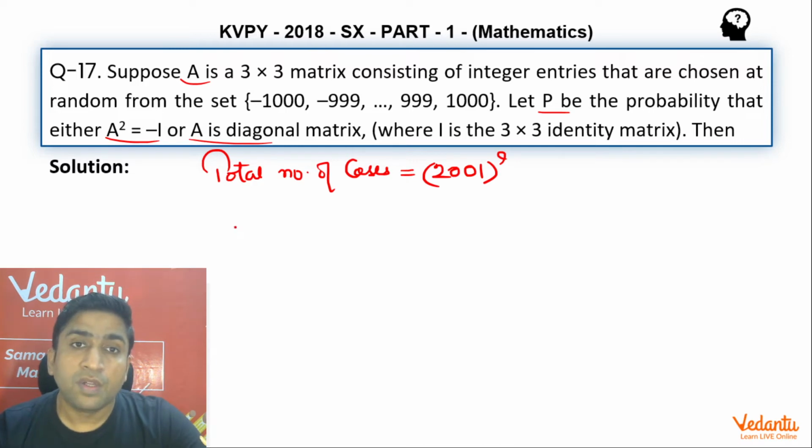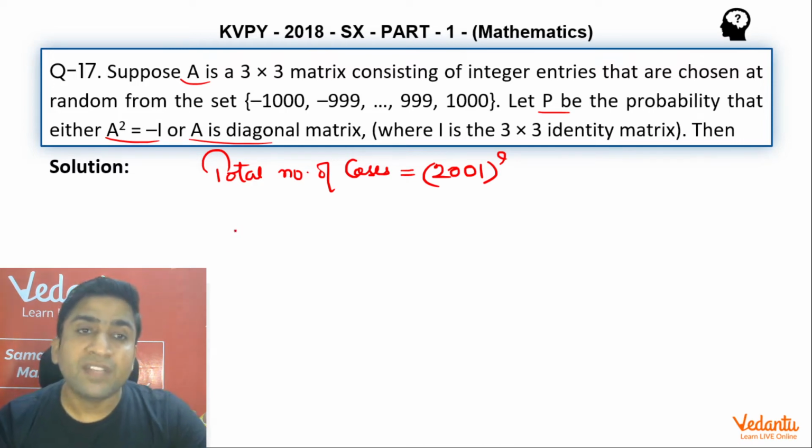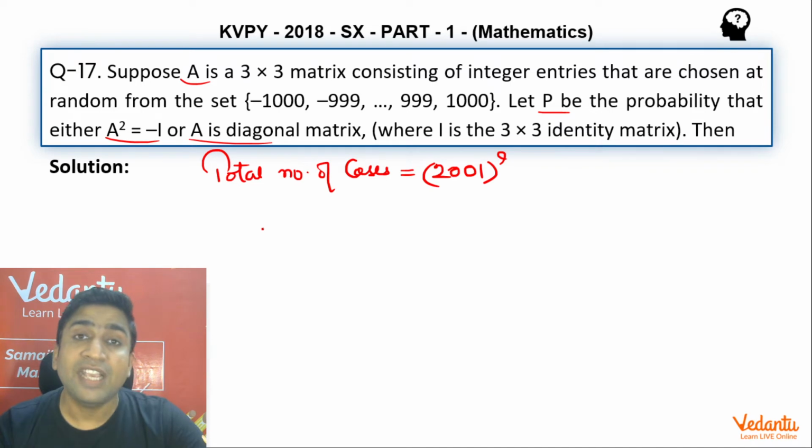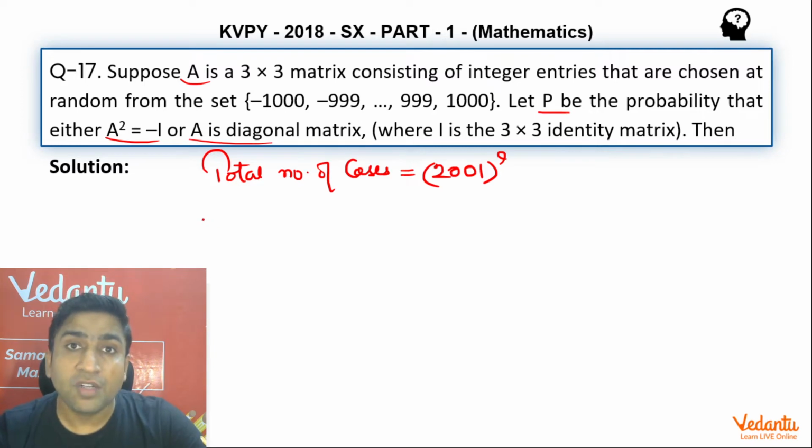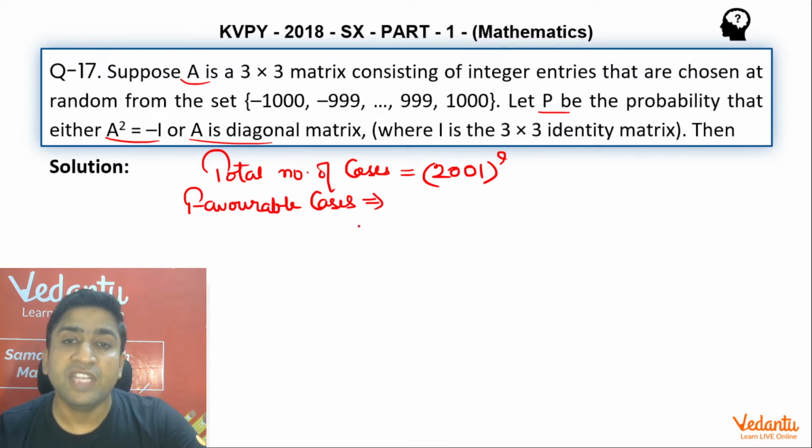Now the question says the probability that this matrix A is such that either A square is equal to minus I or A is a diagonal matrix. To find the probability of that event, I'll find the number of favorable cases. So how am I going to do that? The question says two conditions are favorable to me.